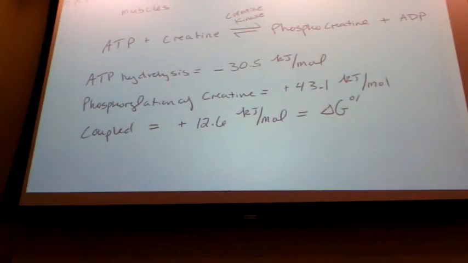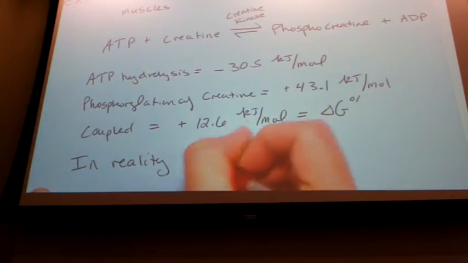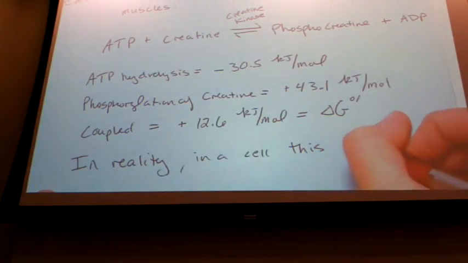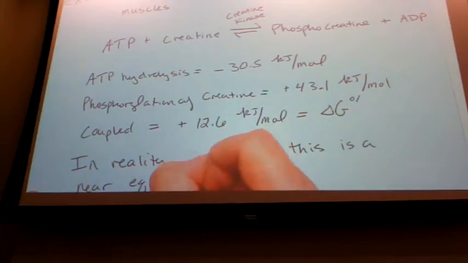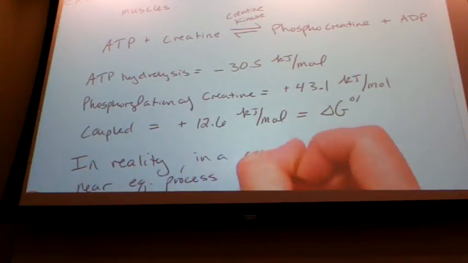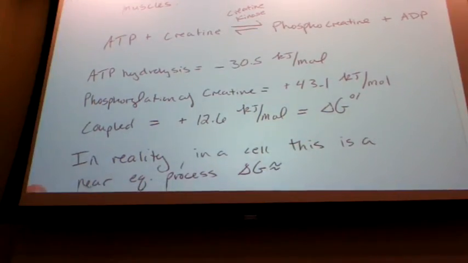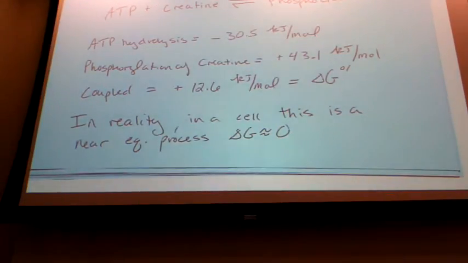But in reality, in a cell, this is a near equilibrium process. Which means that my actual free energy change is equal to approximately what? Zero. Okay. Which is why we can actually do this.